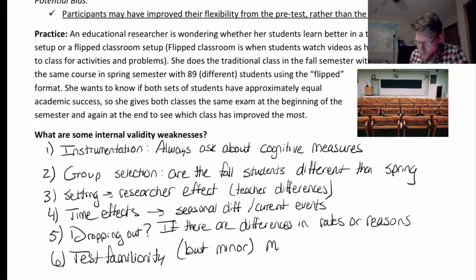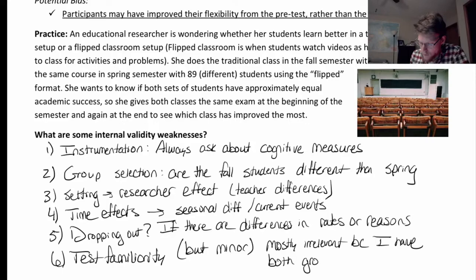So this is mostly irrelevant, I would say. It's okay to note it, but again, because I have two groups and both of them are doing a before and after test and I'm comparing the difference, it more or less just washes out as an internal validity threat.